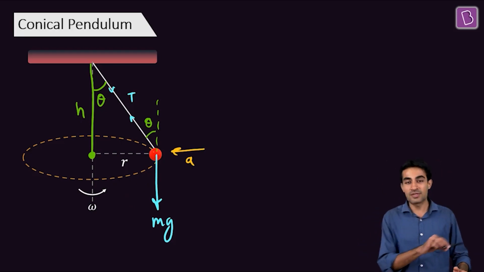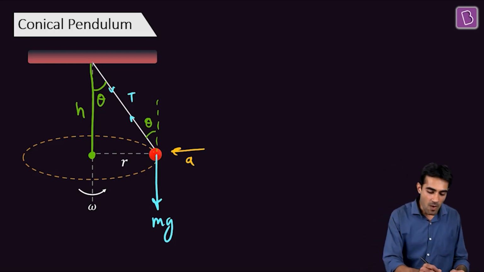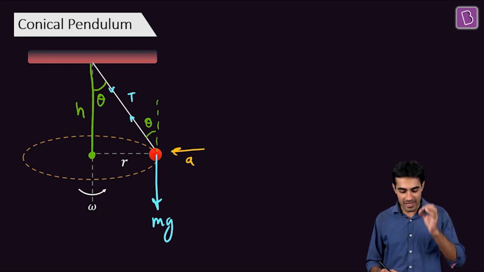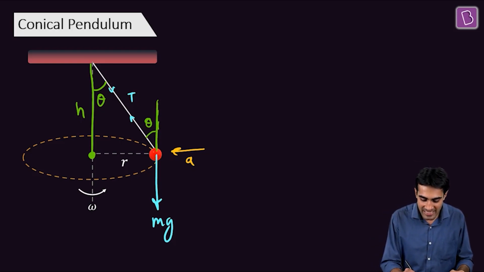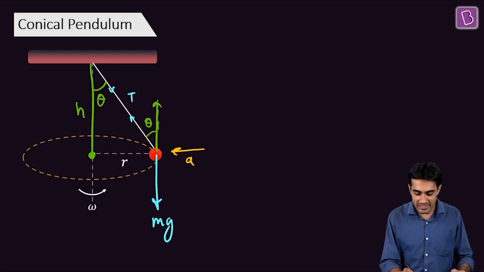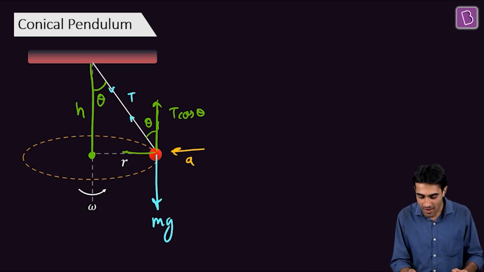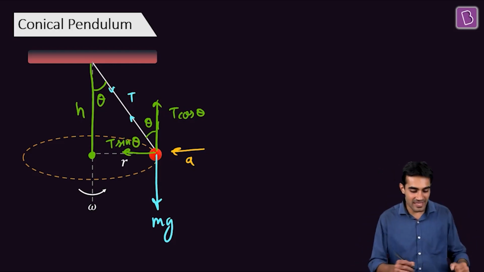This is acceleration A. Okay. Now, let's see what are the forces. Tension and mg. We cannot break mg, but we can break tension into two parts. This would be easy for us. So tension T cos theta is like this, and T sin theta would look like this. This is T sine of theta.